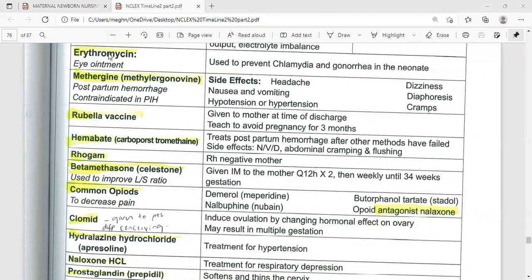Sometimes we use erythromycin for the treatment of acne, right? What are the other indications of this medication?